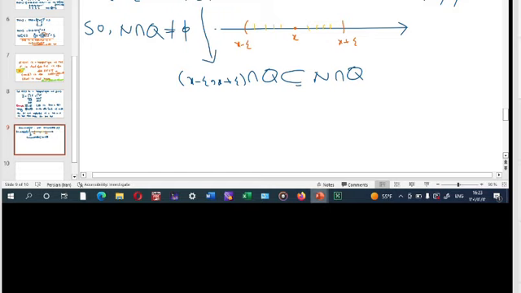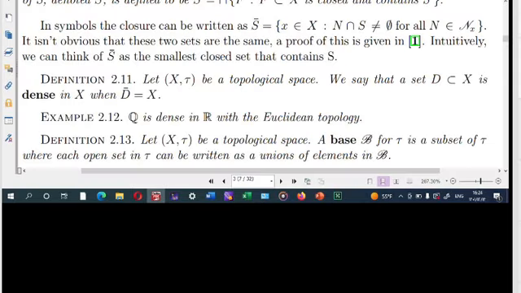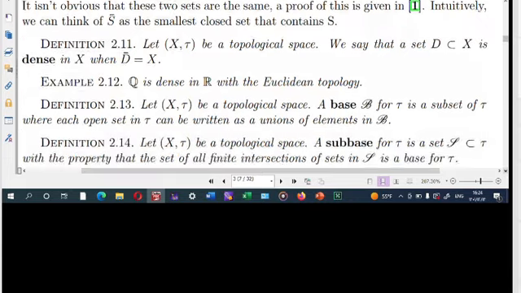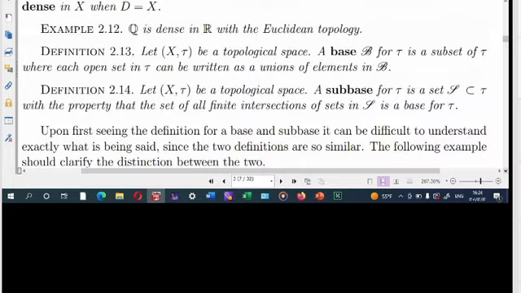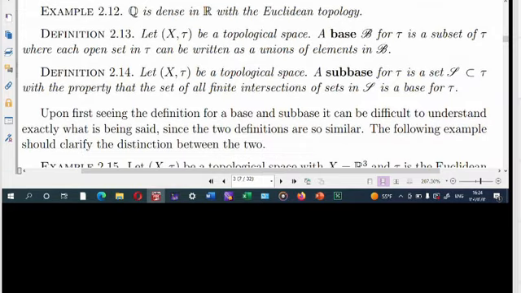So that Q is dense in R, the real numbers. And also we have the definition of a base of a topology.